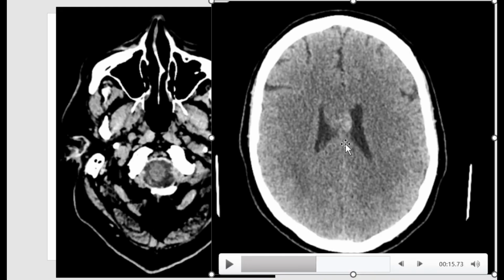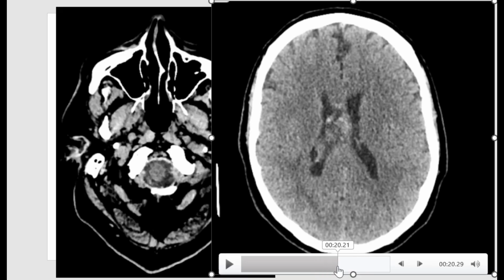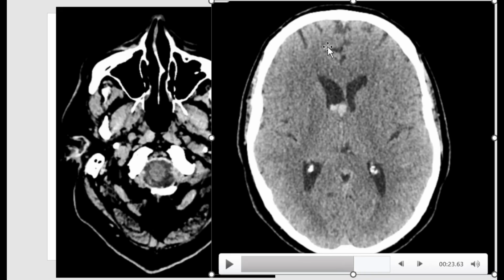The body of the corpus callosum seen between the bodies of the lateral ventricle. And if you go down, this is the genu of the corpus callosum, and this is the splenium of the corpus callosum.